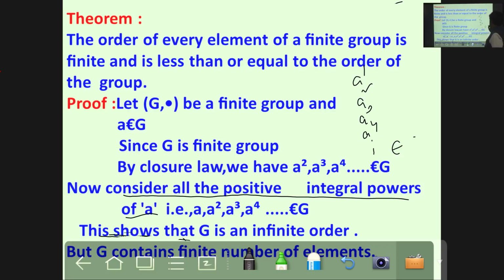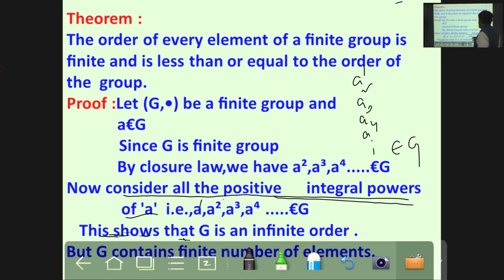These are all in G. How many positive integral powers are there? 1 is positive, 2 positive, 3 positive, 4 positive.